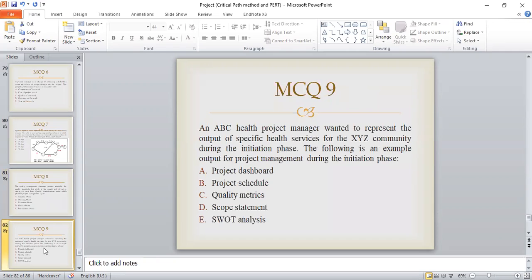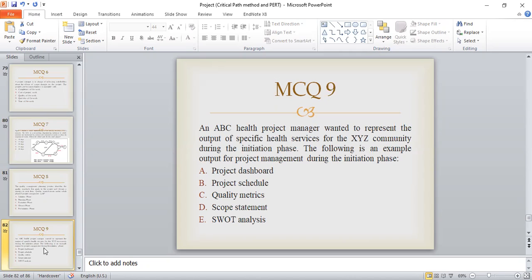MCQ 9. An ABC Health project manager wanted to represent the output of specific health services for the XYZ community during the initiation phase. The following is an example output for project management during the initiation phase: alpha, project dashboard; beta, project schedule; C, quality metrics; delta, scope statement; E, SWOT analysis. What will be the correct option of MCQ 9?